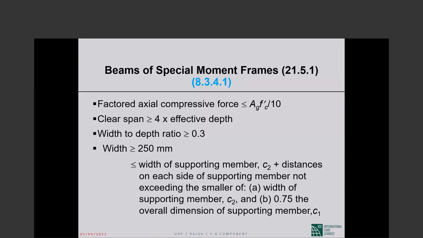So then 318 figured out that we have provided this in 21.13.6, throw in punching shear reinforcement at joints that required them. 21.3 happened to reference 21.13.6.